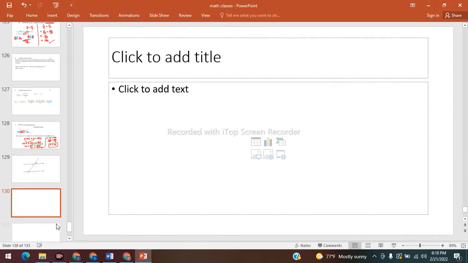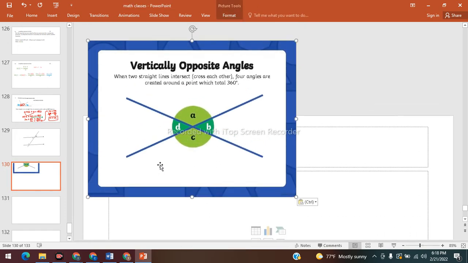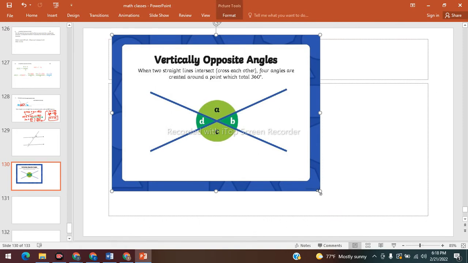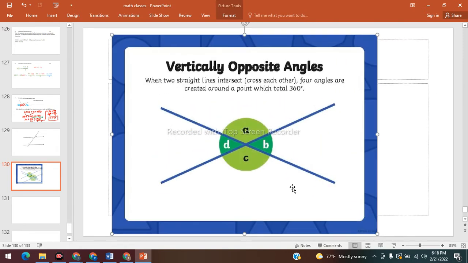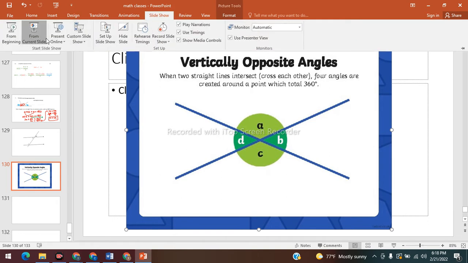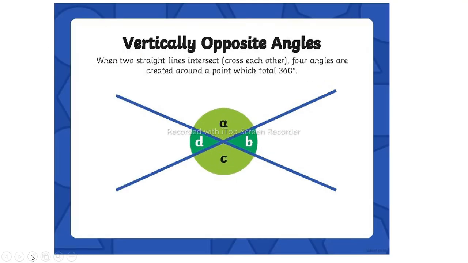Okay, so let me put it right here. If we look at this, which two angles are vertically opposite?